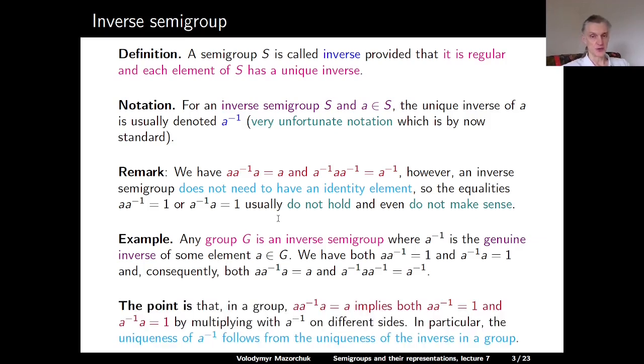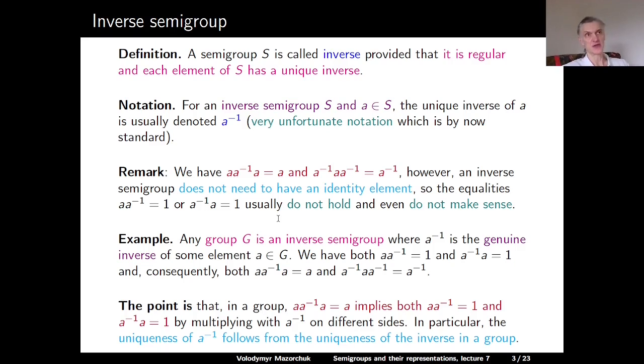And in a group, conversely, if we have a semigroup identity A times A inverse times A is equal to A, we can multiply it with A inverse on each side and get both A inverse A is equal to 1 and A A inverse is equal to 1.